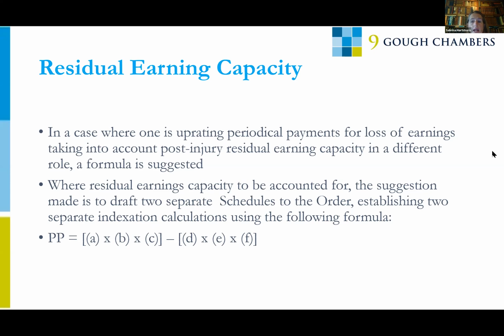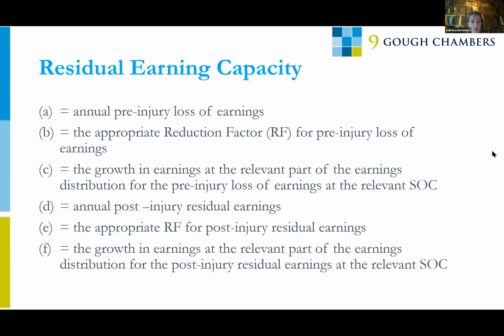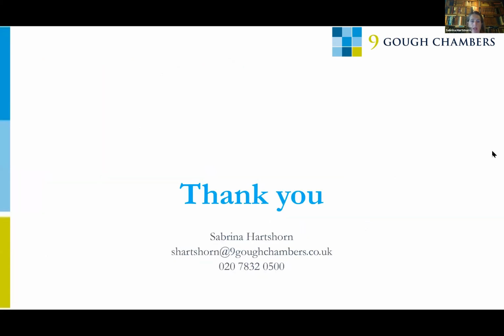And they suggest that you draft two separate schedules to your PPO, establishing two separate indexation calculations using the following formula. So your periodical payment is A times B times C minus D times E times F. What on earth does that mean? Well, what I've set out for you there is what A to F effectively means.